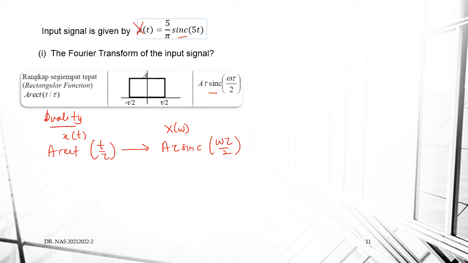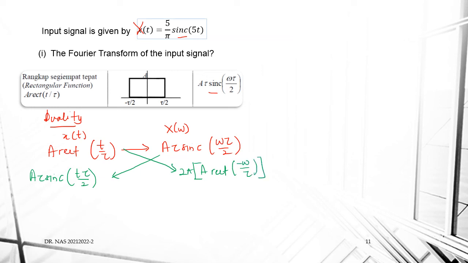But in the duality concept, you have this equation in t, so it becomes A tau sinc(t tau over 2). And the Fourier transform of this is equal to 2 pi A rectangular, replacing t with negative omega over tau.